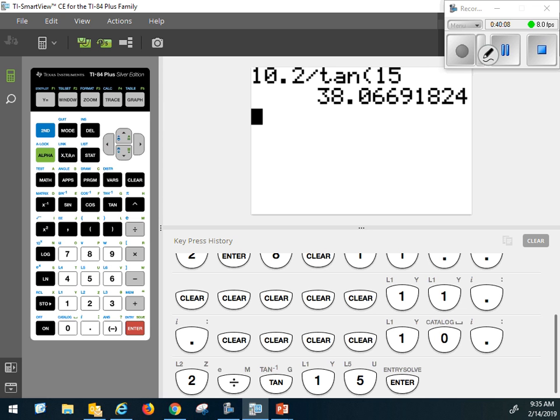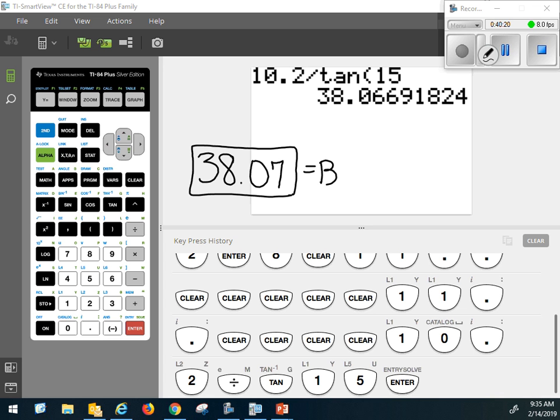Okay? And we round it to the nearest hundredth, so what's our answer? 38.07. And that's our answer for the length of BC. Remember that you write it equals BC without a line segment above it. No line segments. Questions?